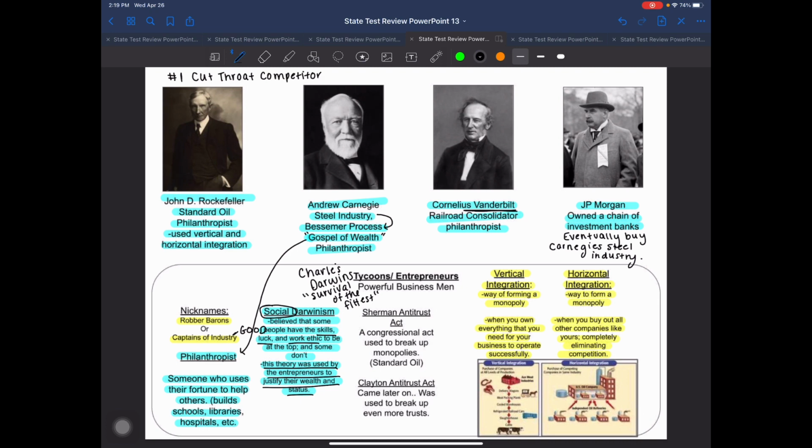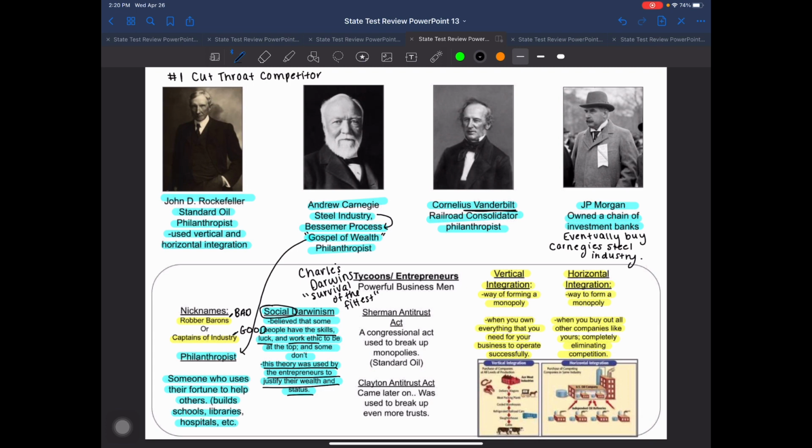You would not have called Rockefeller a captain of industry. You probably would have called him a robber baron. So the good things earned them the nickname captain of industry, but a lot of the bad things earned them the nickname robber barons.